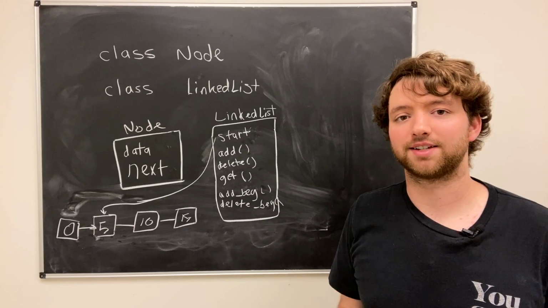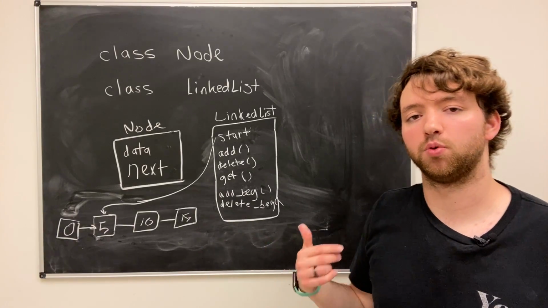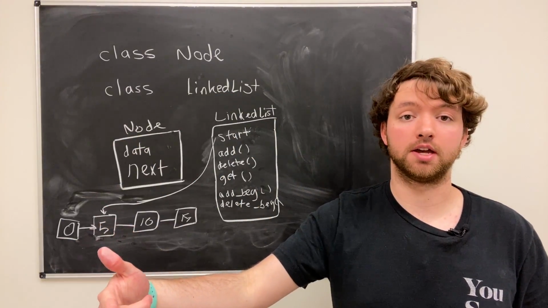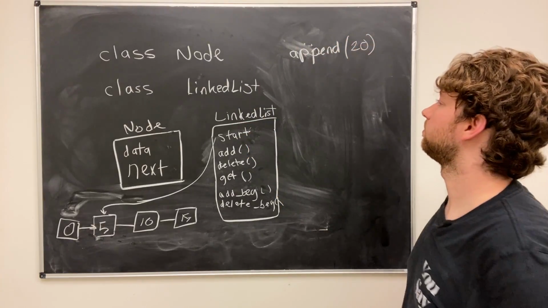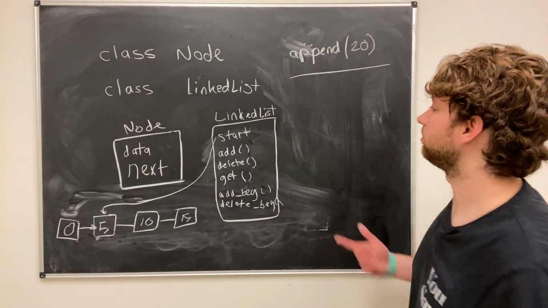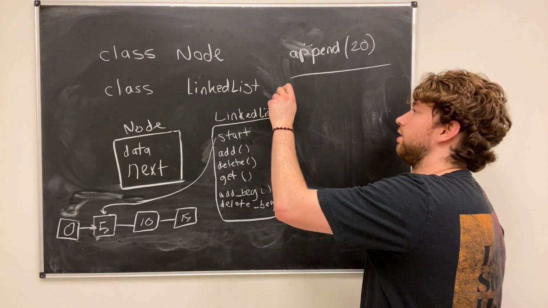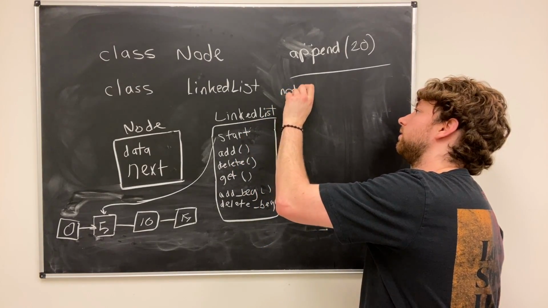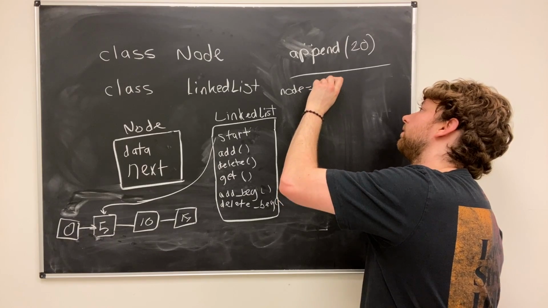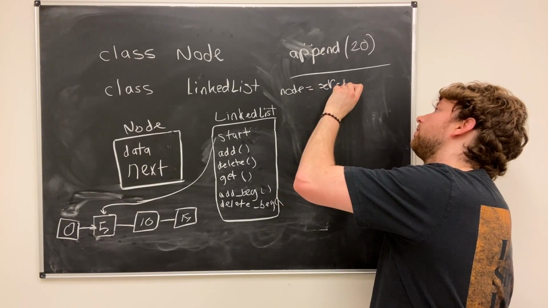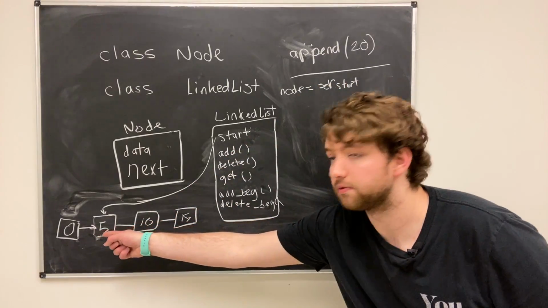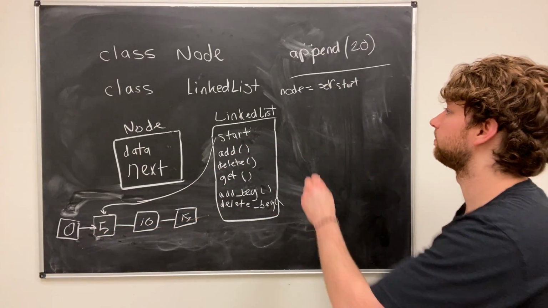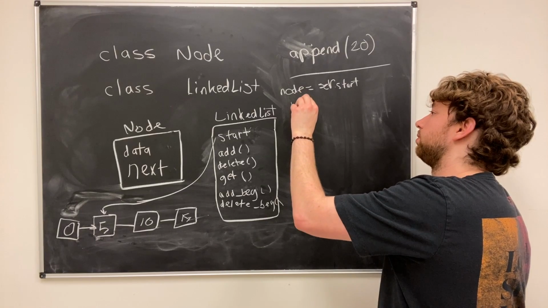Super simple. Last thing I want to talk about is how to append data. So if you wanted to add a node at the very end, append, and then you just pass in some value like so. Let's see what this definition might look like. You first grab that starting node. So node is the start. And you're going to continue to replace this node to go through the nodes. You're going to do this in a loop.